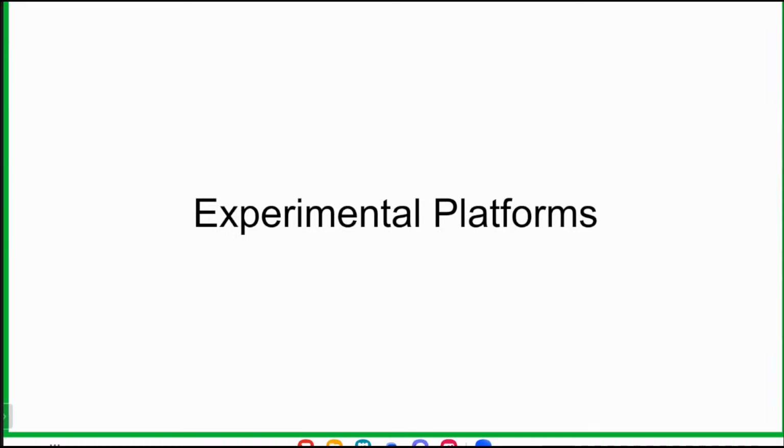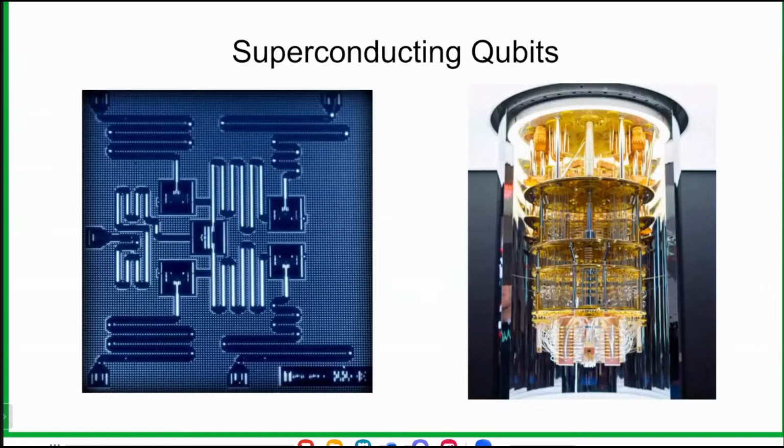Now, I'd like to briefly mention some of the experimental platforms for quantum computing. The first and the most popular and probably the most successful till now is superconducting qubits.